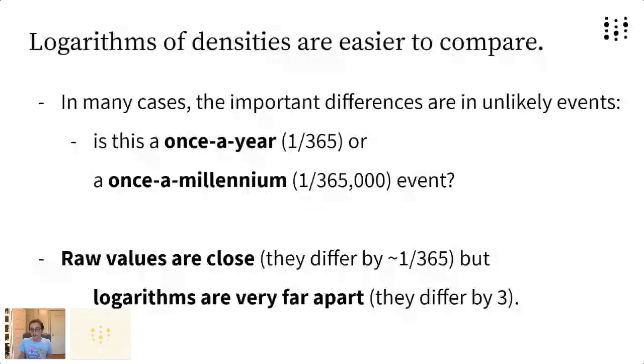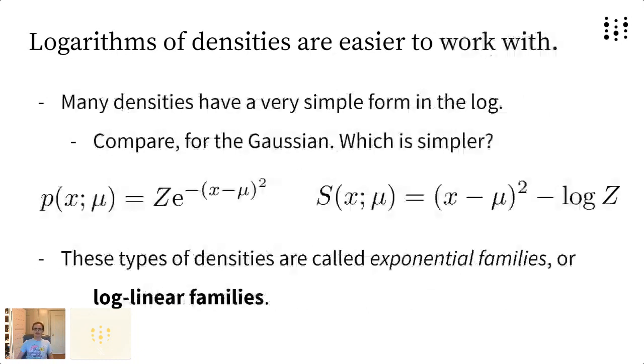There's basically 3 orders of magnitude between them. So if I take log 10, the difference of those 2 logs is going to be 3. So that makes these things that are actually very, very different, that would be experienced very, very differently if you were to draw samples, actually look different once we write out the numbers. And in addition, logarithms of densities are actually even easier to work with.